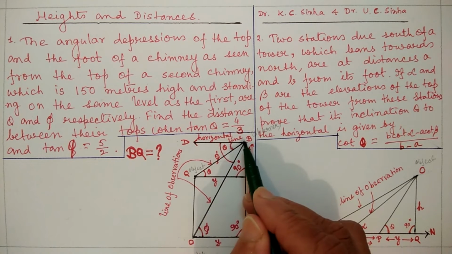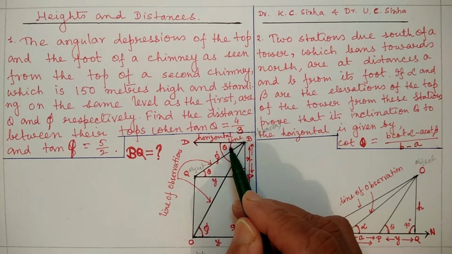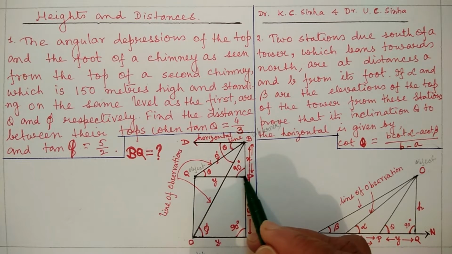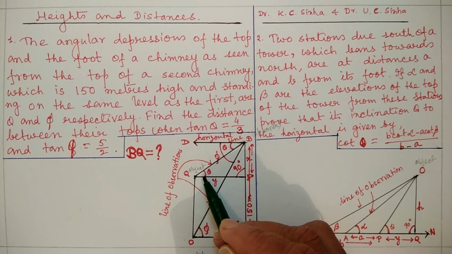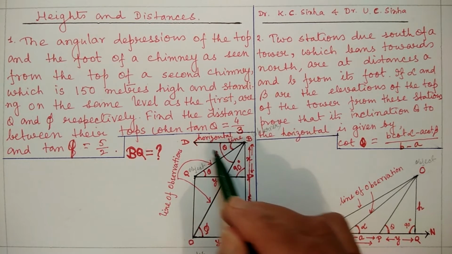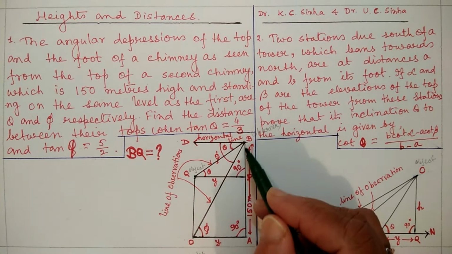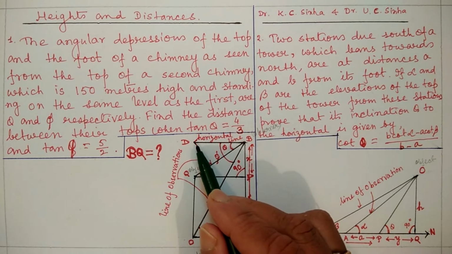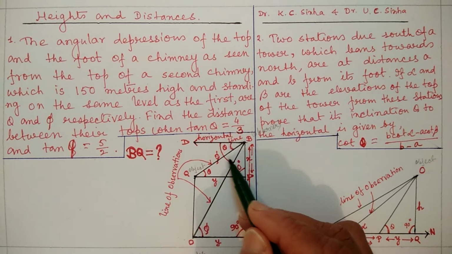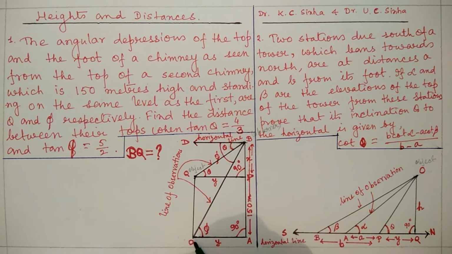So angle DBQ, this theta angle, will be equal to angle BQP. So this angle also will be theta. In the same way, BD and OA are parallel and BO is the transversal. So angle DBO, this phi angle, will be equal to angle BOA. This also will be phi.